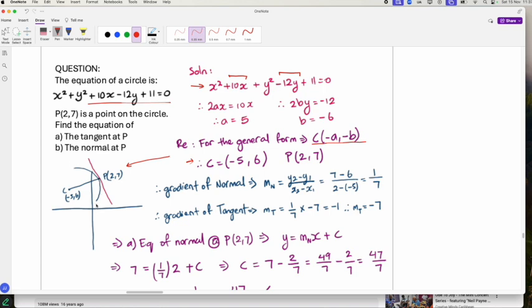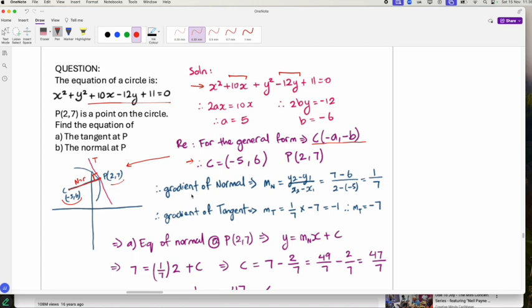And this is the circle, and this is the tangent at the point P. And from my sketch, I could immediately tell that my tangent is going to have a negative gradient, and that the normal, which is the radius, is going to have a positive gradient, and that they are both perpendicular to each other, right?